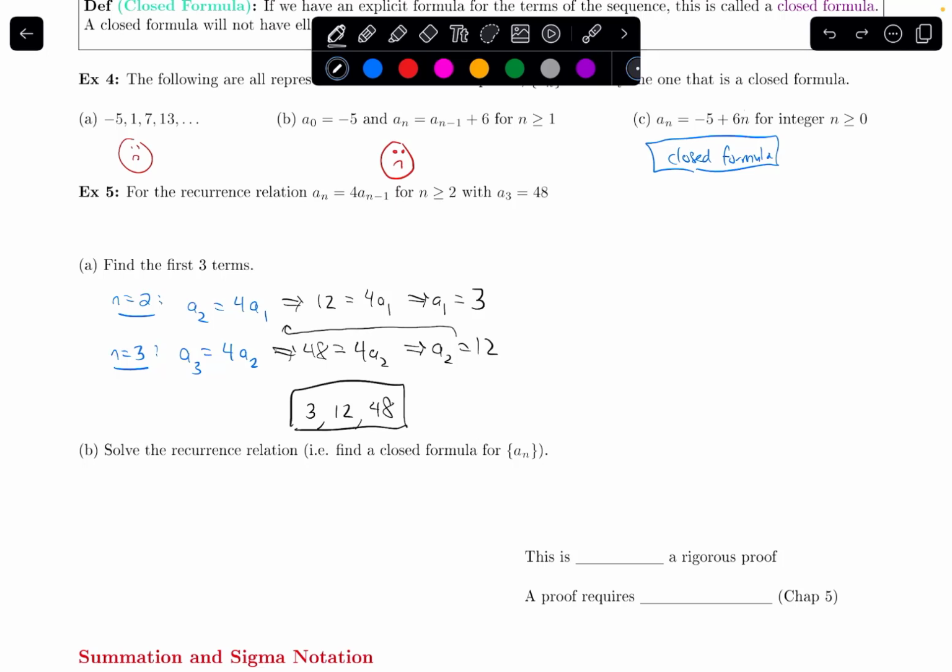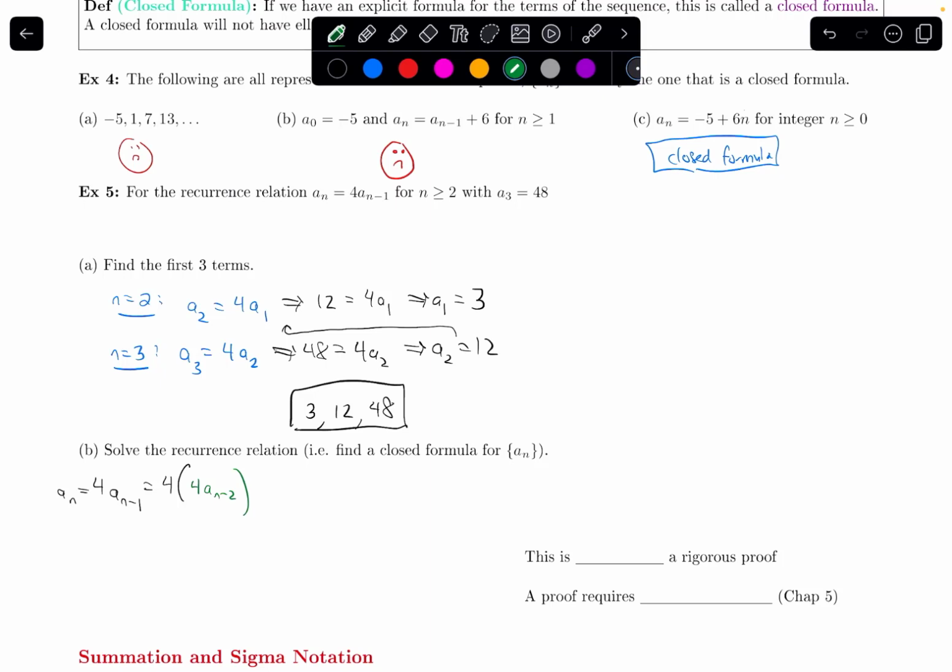What I'm given here is that an equals 4 times an minus 1. Let's now use this recurrence again for an minus 1. I'll keep the 4 outside, and replace an minus 1 with 4 times the previous term, an minus 2.